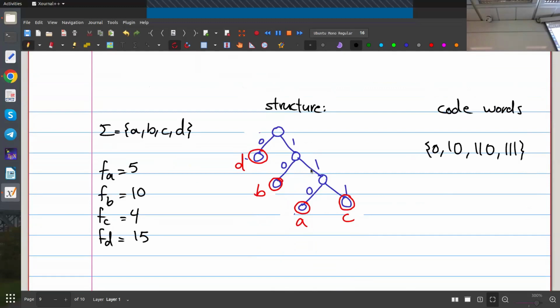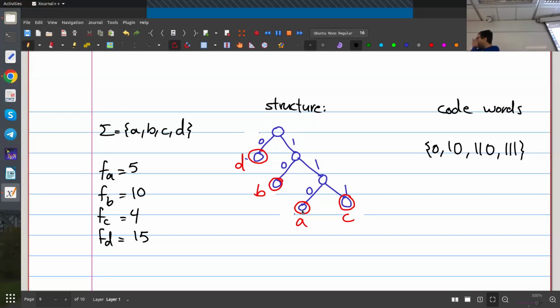So this edge that is in the path from the root to D, this will be printed 15 times, right? Now I want to print B 10 times. So for 10 times, I have to print this 1 and then this 0. For 5 times, I have to print this 1, and then this 0, and so on.